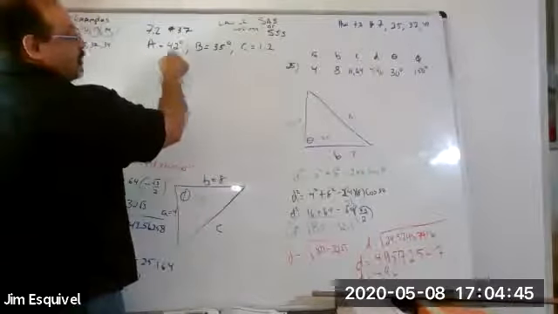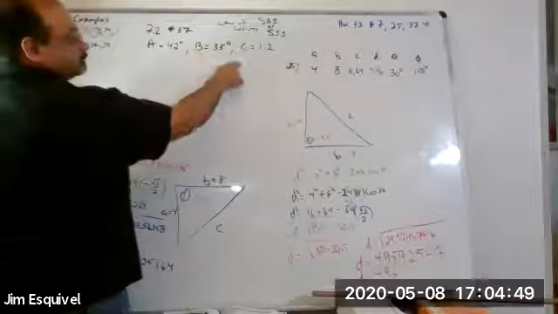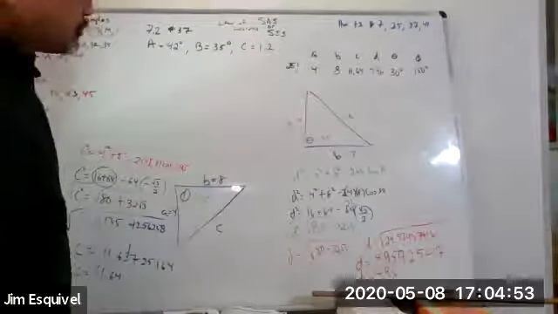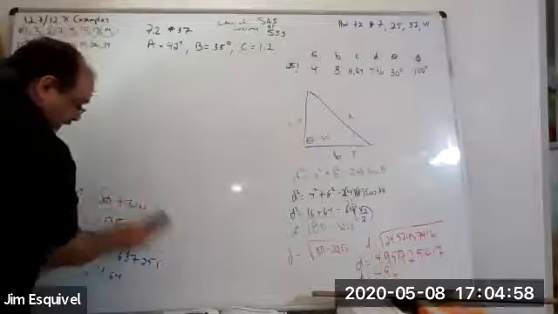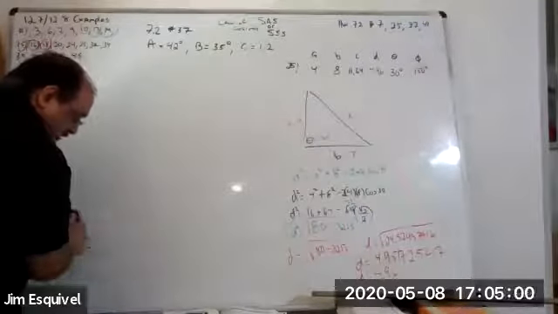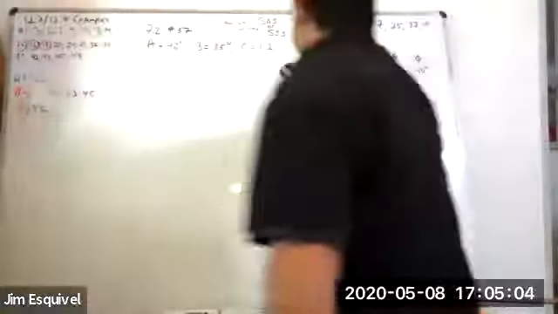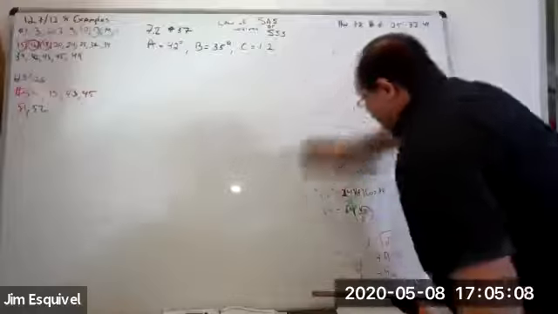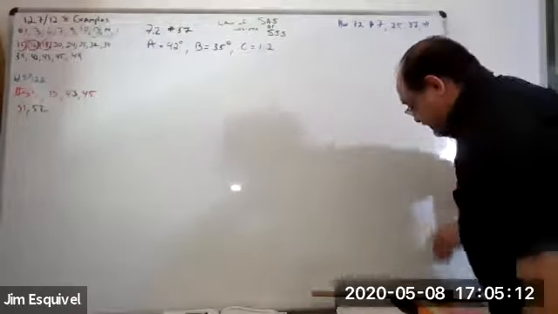So since you have two angles and one side, this is a law of sines problem. Without even drawing a picture, I know it's going to be a law of sines problem. Basically, process of elimination. It cannot be law of cosines, because law of cosines is side, angle, side, or side, side, side.